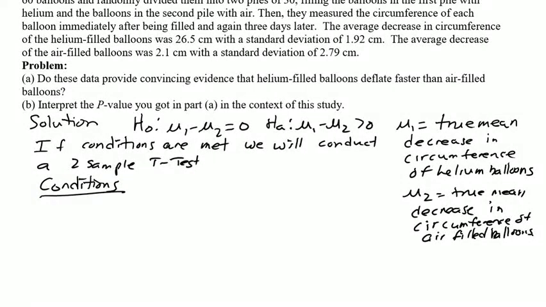First of all, random: the data comes from two independent random samples.